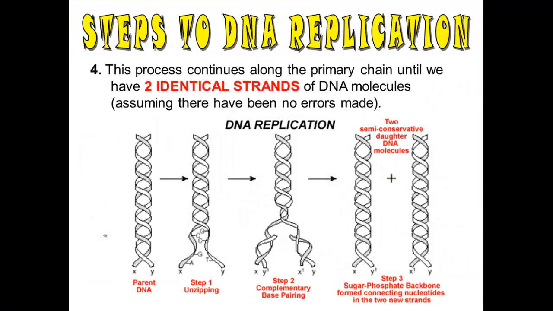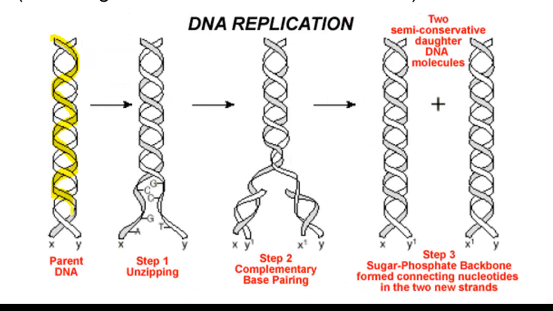The last step to DNA replication, of course, is that you end up with 2 completely identical strands of DNA molecules. That is, of course, assuming that there haven't been any mutations or any mistakes made. Let's take a look at what we mean by semi-conservative. Here is the original strand, and I'm coloring it yellow. So that's the original DNA, and you can see at the bottom it's starting to become unzipped.